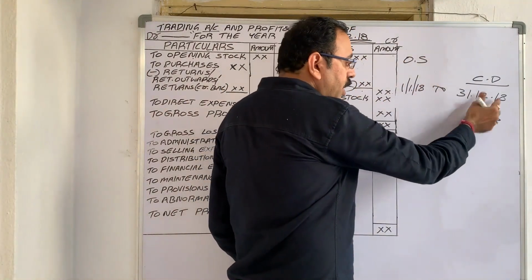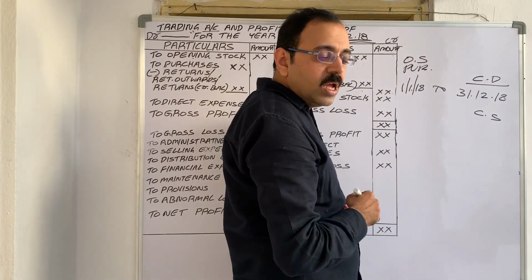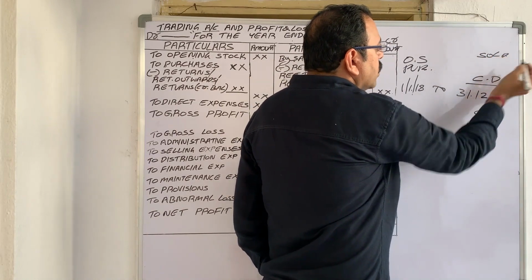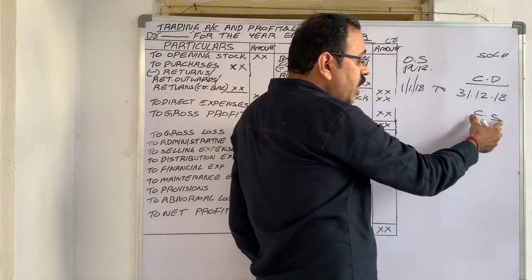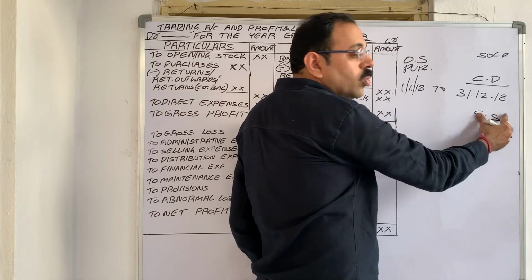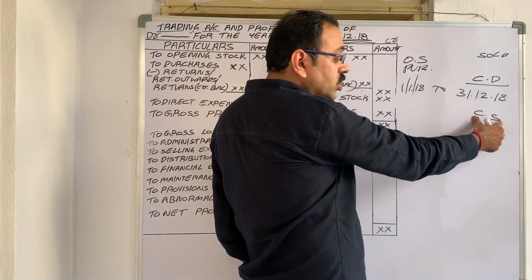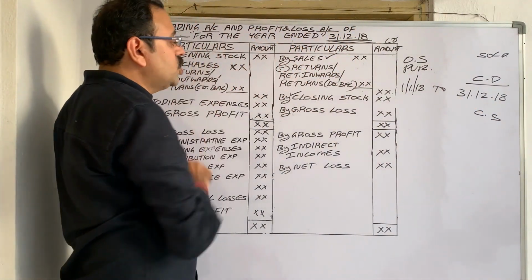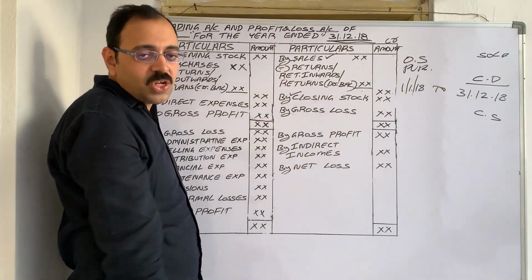In the current year, we purchased some more goods, and we sold some goods out of them, and finally, we are left over with some goods. Then these leftover goods are known as closing stock. When you start trading account with the opening stock, it is correct to close the trading account with closing stock.